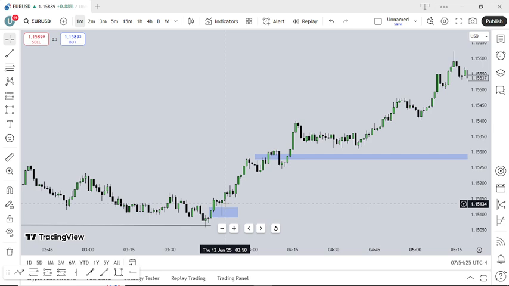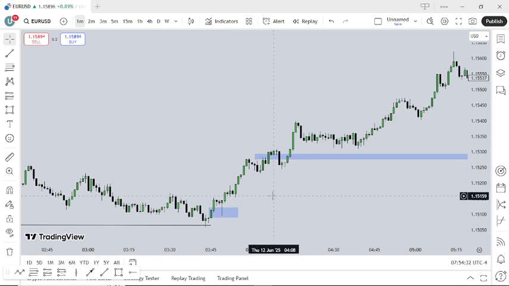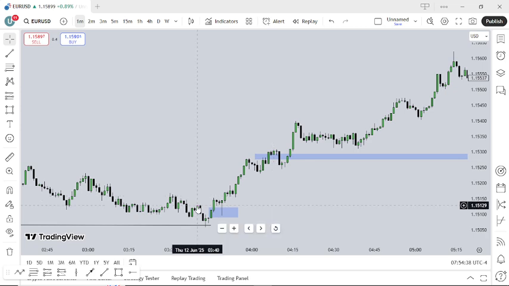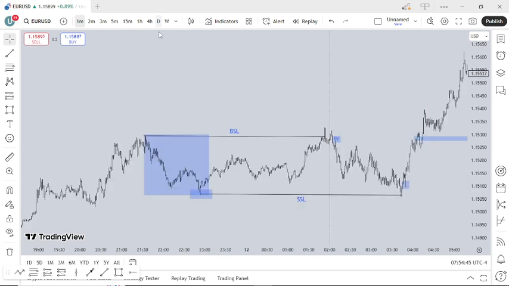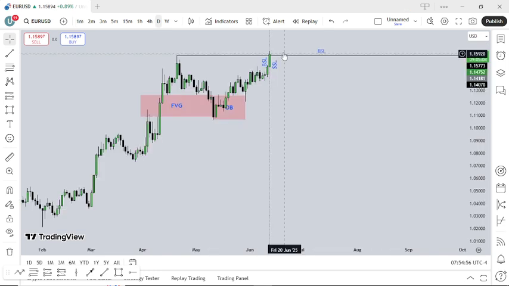Now look at this candle that dipped into the fair value gap, and notice that the body of the candle closed above the fair value gap, only the wick of the candle was inside the fair value gap. After that, we see buys to the upside, taking out our main draw on liquidity, which is this high here on the daily time frame.